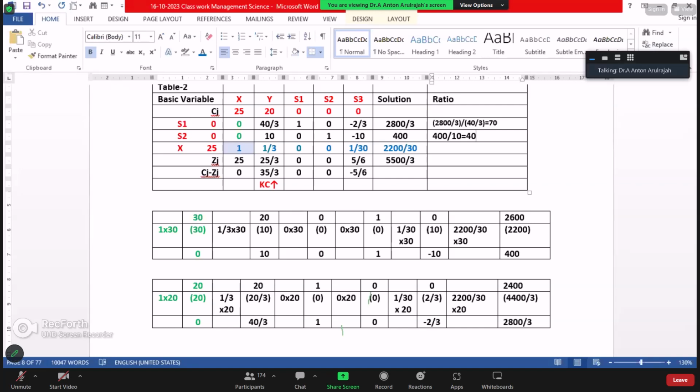Now you can use the calculator, no problem. Then the third one, 2,200 divided by 30 to be divided by 1 by 3.